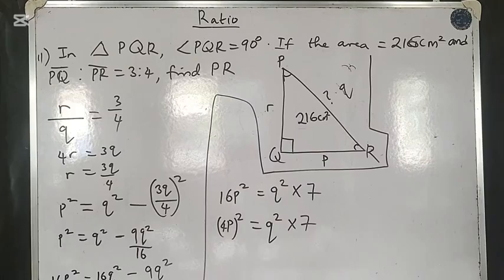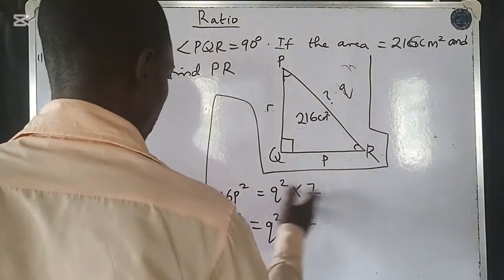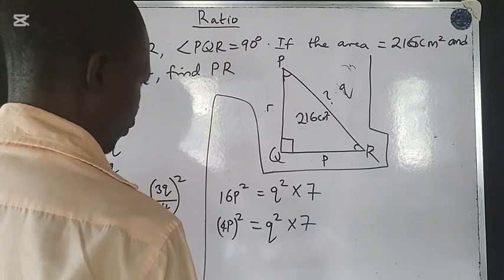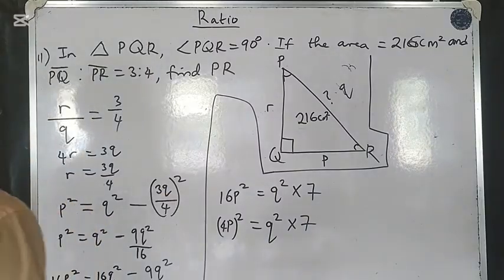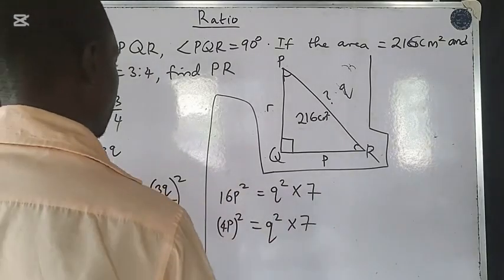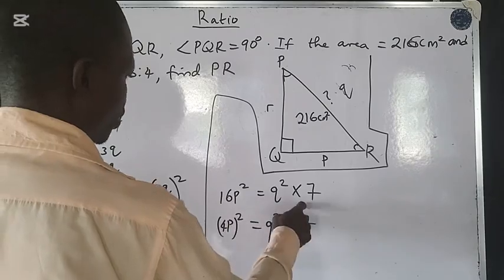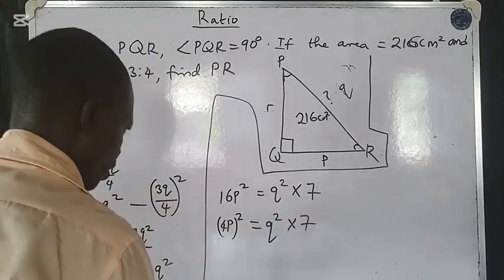At this point, what do we do? We take the square root of both sides. Taking the square root of both sides is like taking the square from here to this place to become a square root on this side.